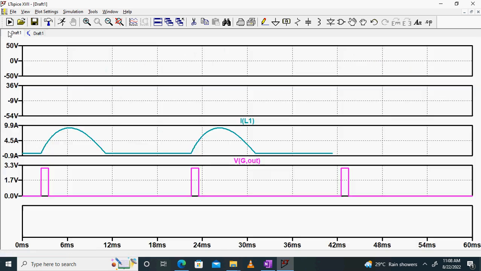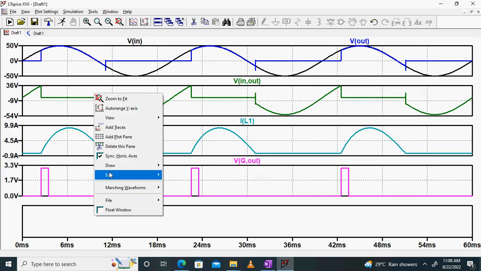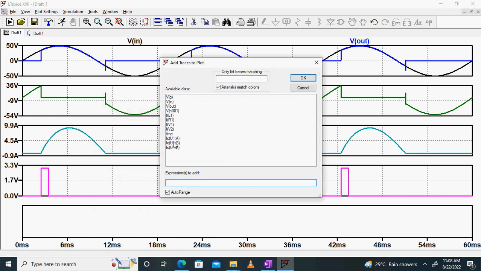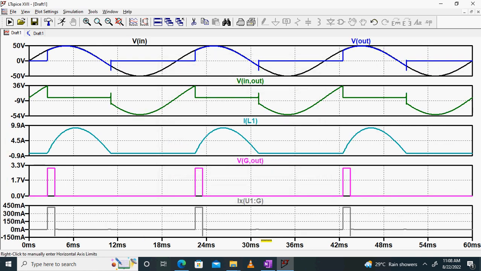I mean, we can right click also on the blank screen, one of the plots, click on add trace and see over here gate current, right? So this is my gate current. Corresponding to my gate voltage being applied, there is a gate current being generated of amplitude of around 420 odd milliamperes, right?